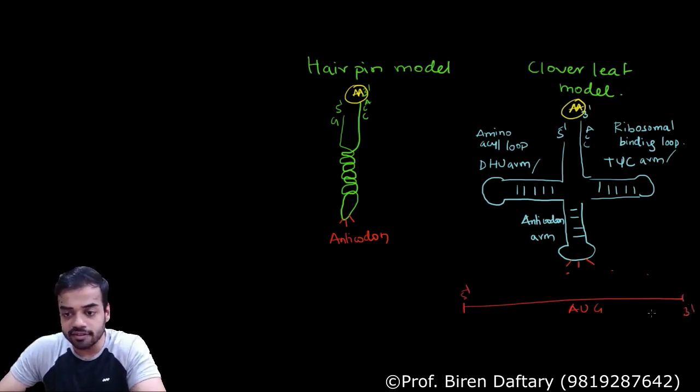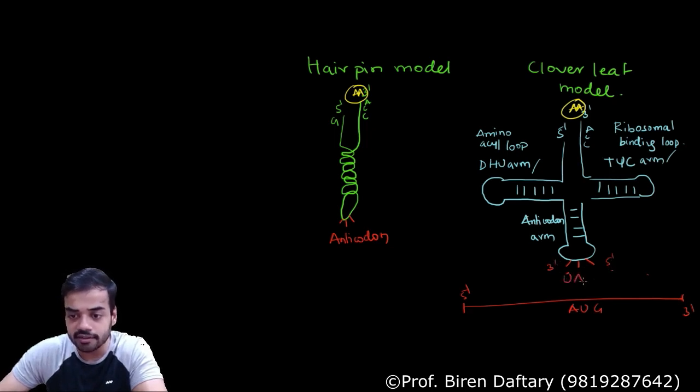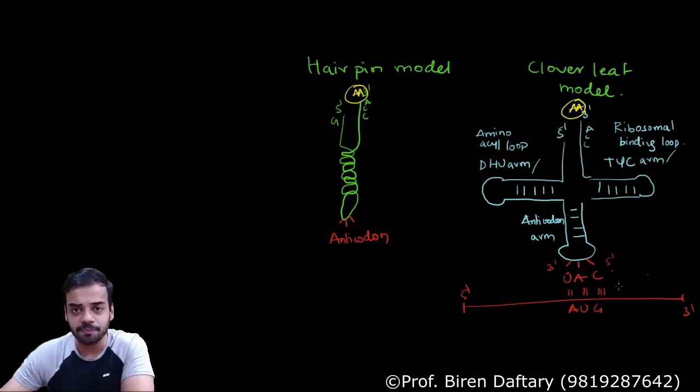Obviously the 5' end of the anticodon will be over here, and this will be 3' because it is complementary. So what will be the sequence over here? It will be UAC, and there will be hydrogen bonds: A and U double hydrogen bond, A and U double hydrogen bond, C and G triple hydrogen bond. Same thing, correct? Understood?